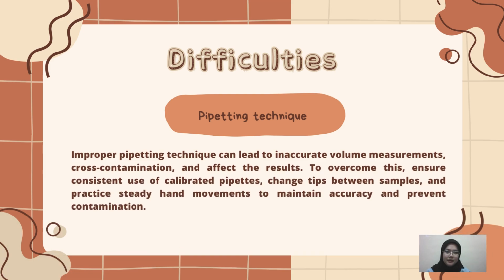Next is pipetting technique. Improper pipetting technique can lead to inaccurate value measurements, cause contaminations, and affect the result. To overcome this, ensure consistent use of calibrated pipette, change tip between samples, and practice steady hand movement to maintain accuracy and prevent contaminations.